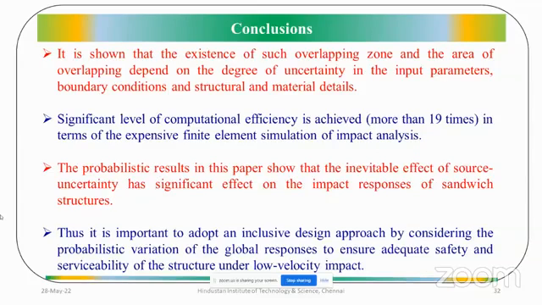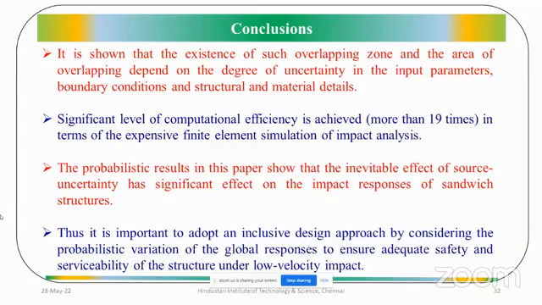By using the ANN coupled finite element approach, a significant computational efficiency of more than 19 times is achieved without affecting the accuracy. Accuracy is also achieved at more than 99.9%, as the error is less than 0.001%.